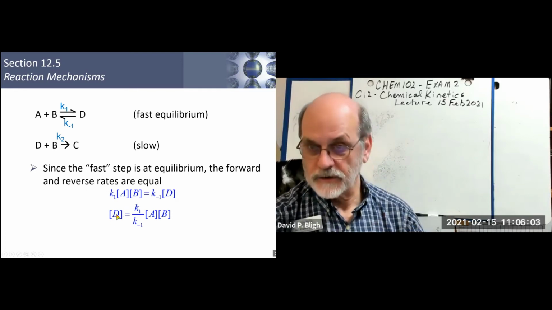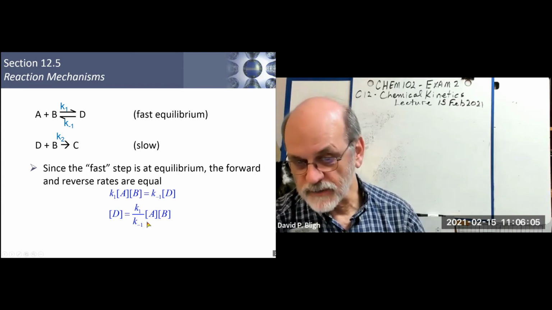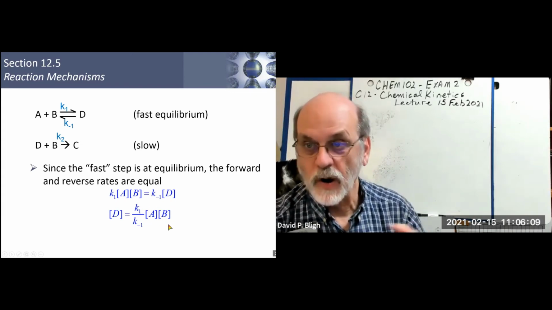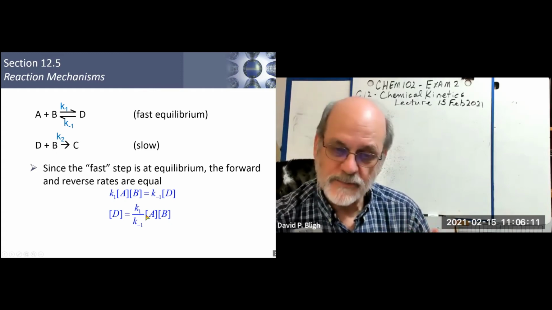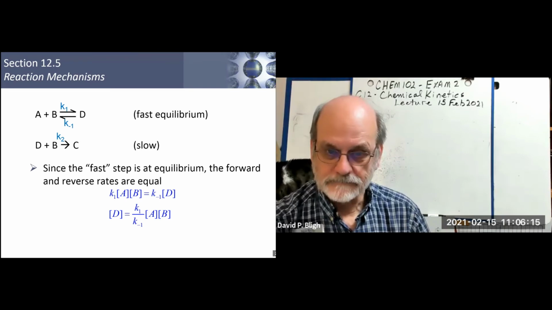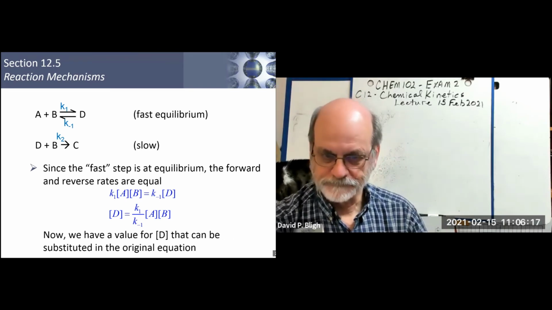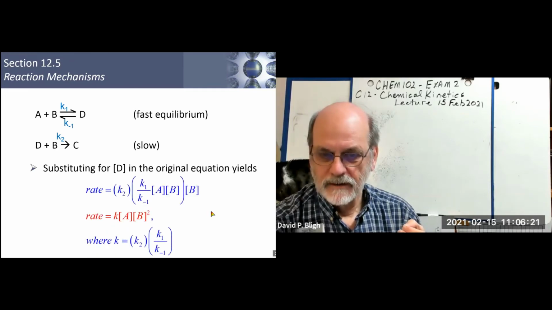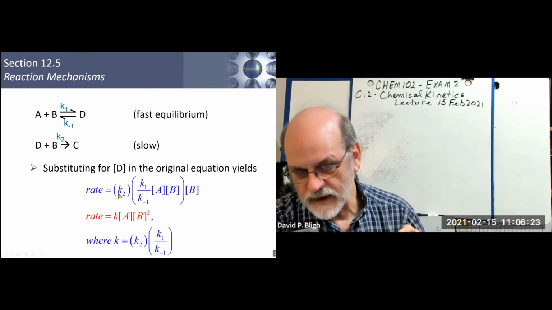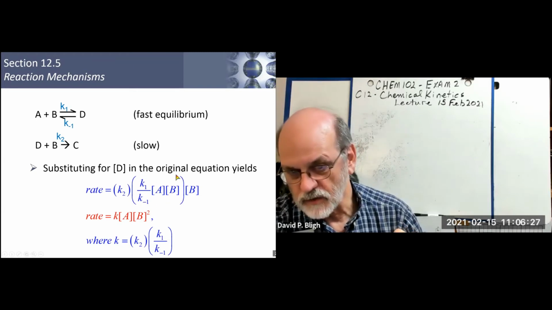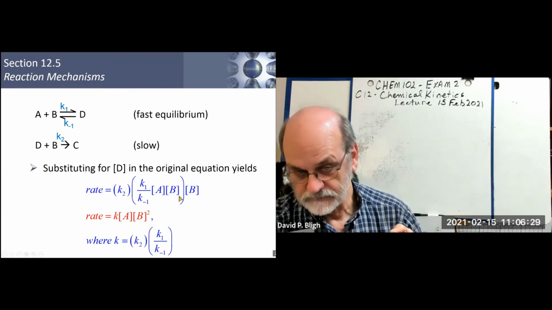Now you know what I'm going to do. I'm going to substitute this term because it has reactants in it that we are familiar with and are part of the overall reaction. We're going to substitute that in there, the original, for D. So here we go. There, I've substituted. I took that rate K2 times D times B, and I substituted our D in here. Right?